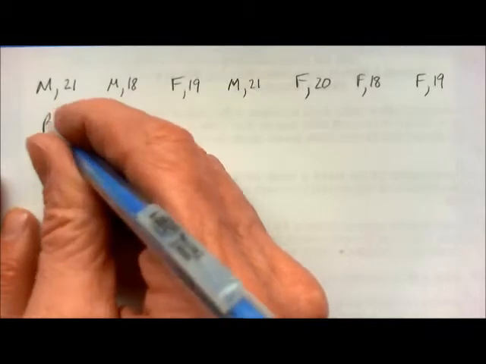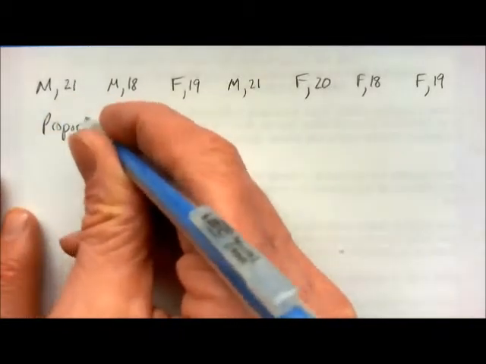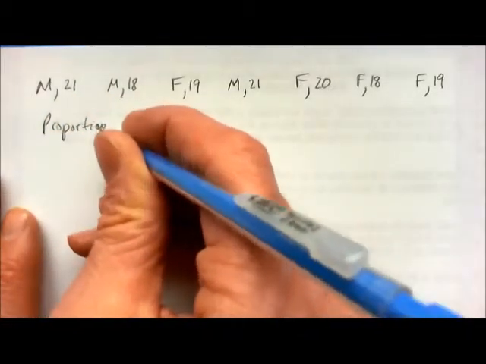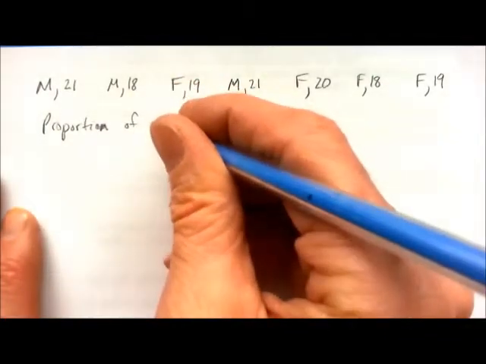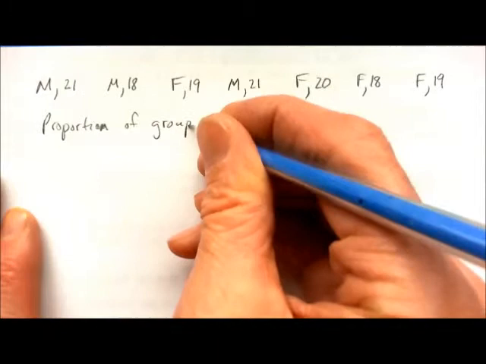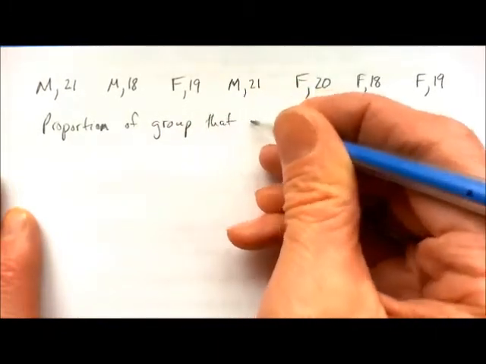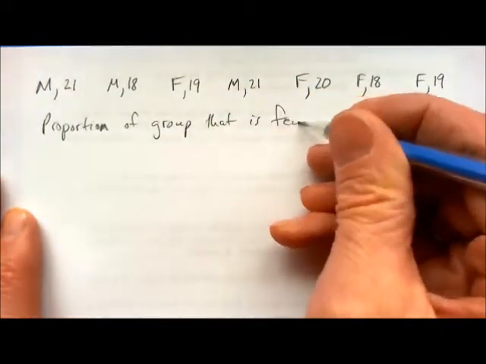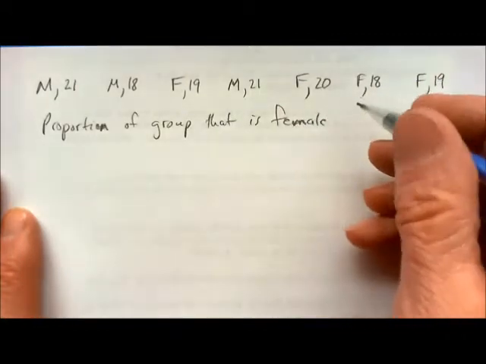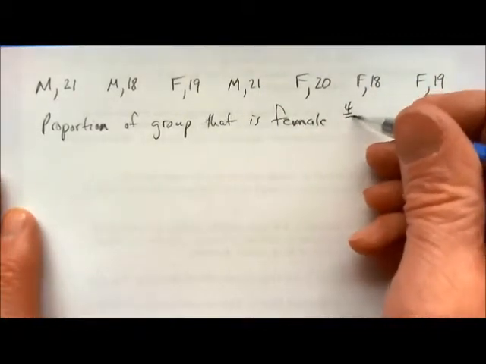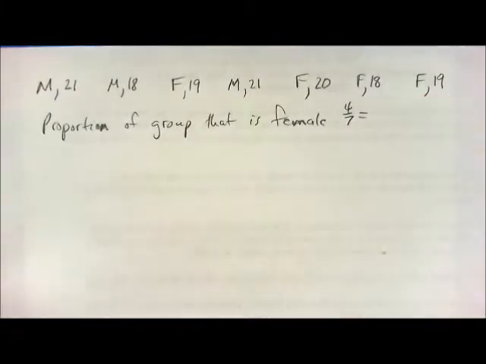So the proportion of the group that is female is 4 out of 7. And we can convert that, and we usually will, into a percent.